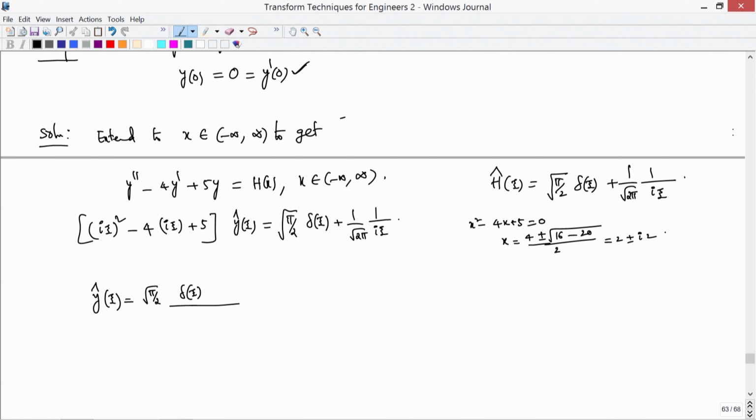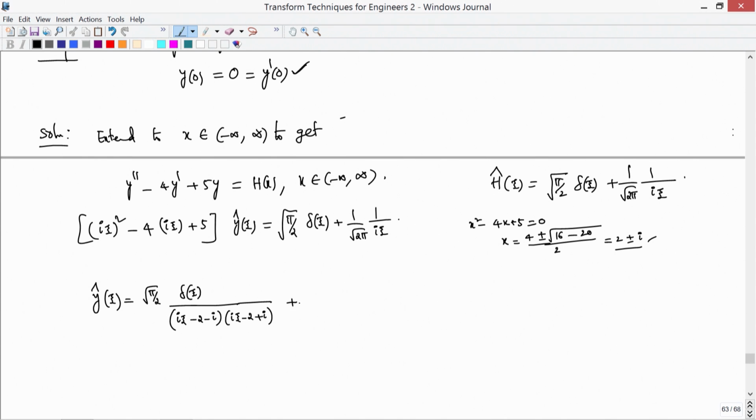These are the roots. Because those are the roots, you can rewrite this as (i xi minus 2 minus i)(i xi minus 2 plus i).